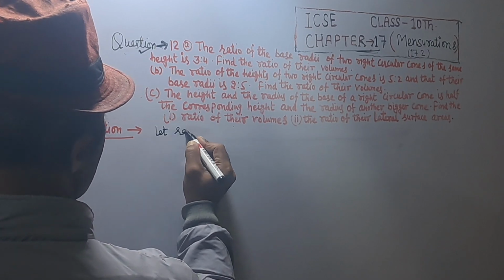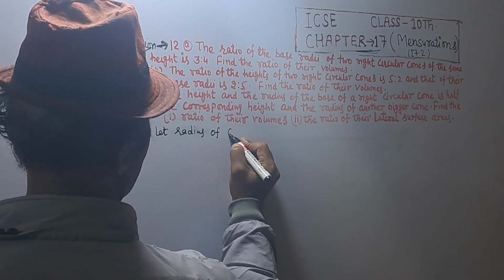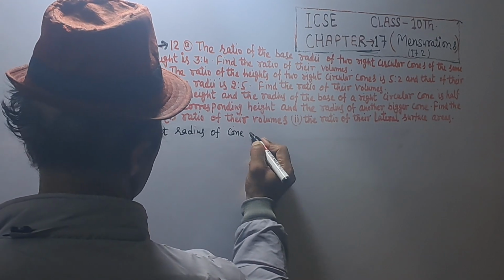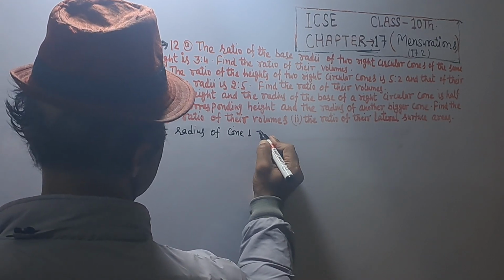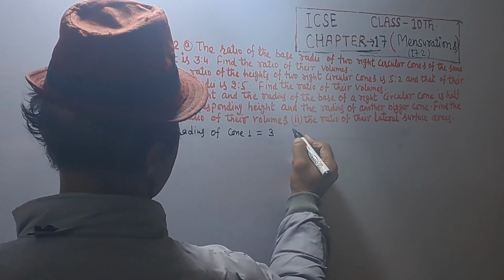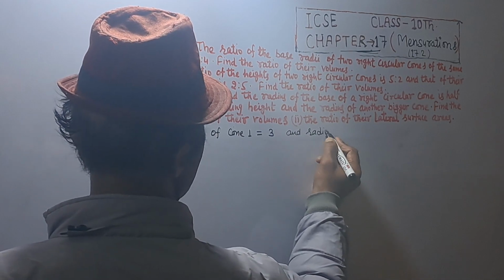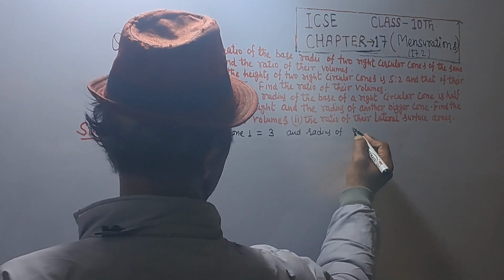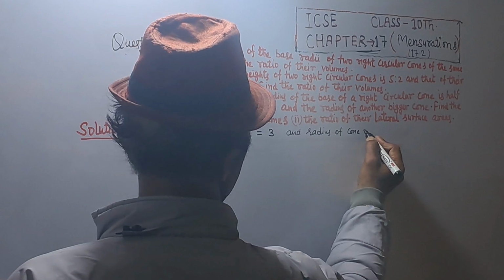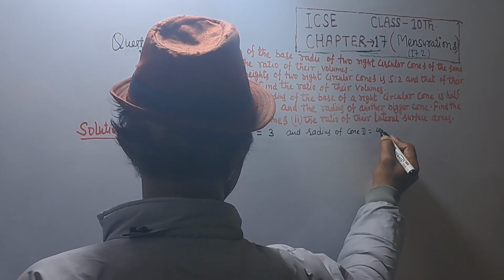Let radius of cone first is equal to 3 and radius of cone 2 equal to 4.